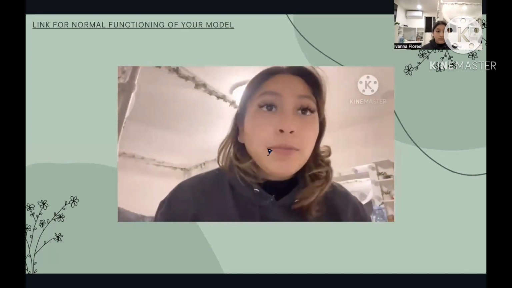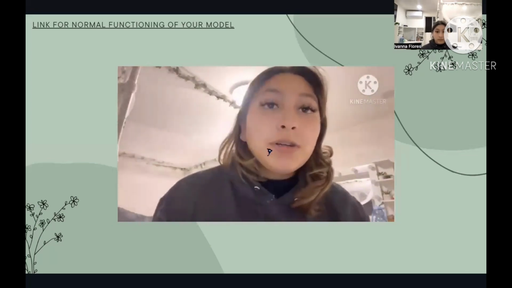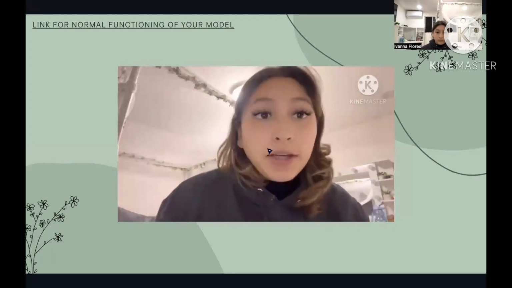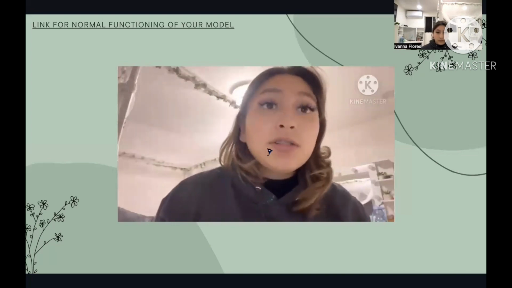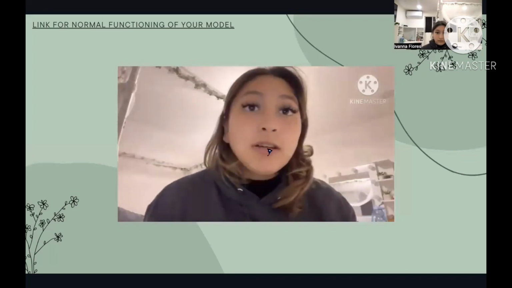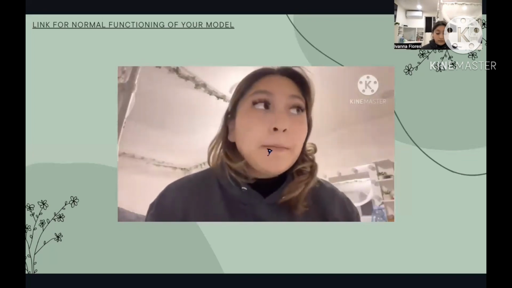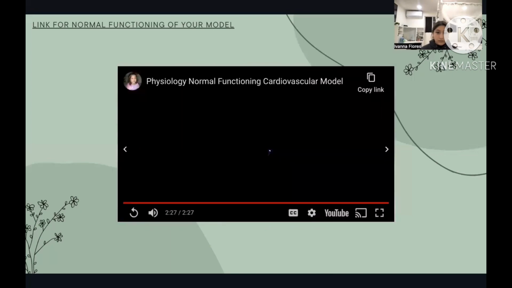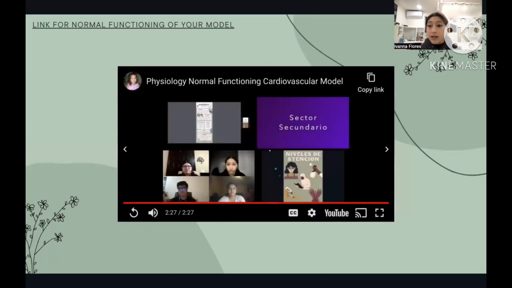Compliance serves to make pressure change, I believe. And surface tension, I believe it makes a form of capillary action during blood flow, during a cardiac cycle. So that's my explanation of the model I decided to do.